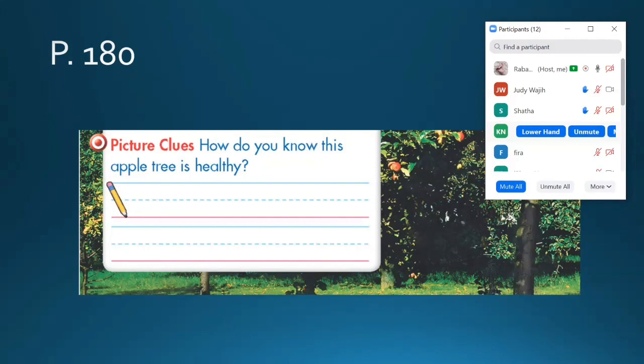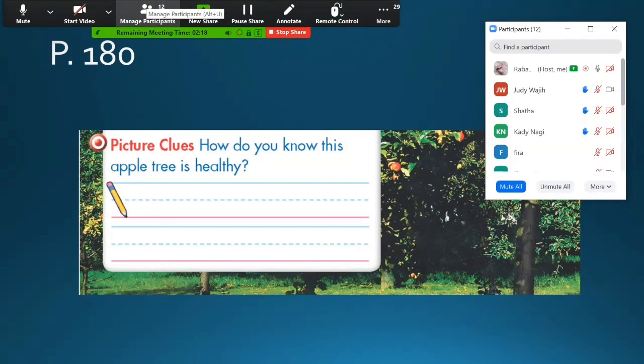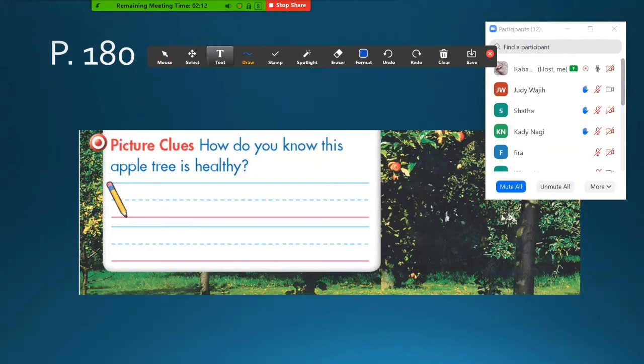So, how do you know that the apple tree is healthy? It has many leaves and many green leaves, okay? And is full of apples, okay? Also, you can see the color of the apple. You can taste it like your friend said. Clear, girls? By this way, we want to solve this question. So please write with me.